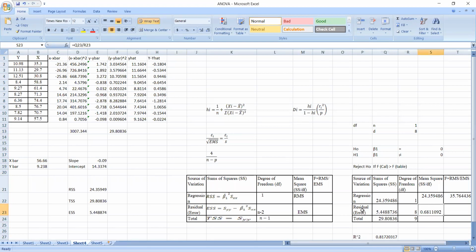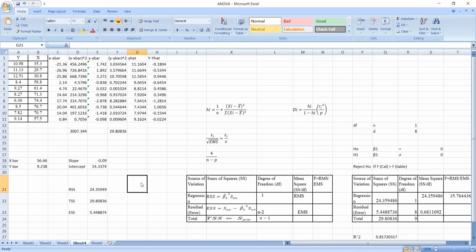If you look at the ANOVA table, the residual row, with respect to the mean square value, you have 0.68. So you can use that value as the error mean square, but here we have to take the square root of the error mean square.